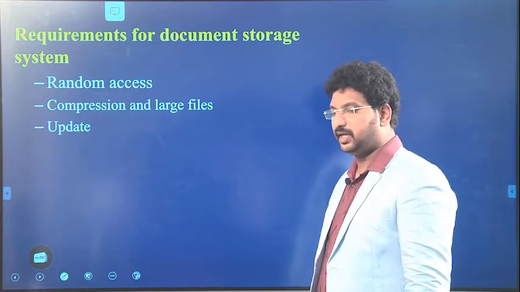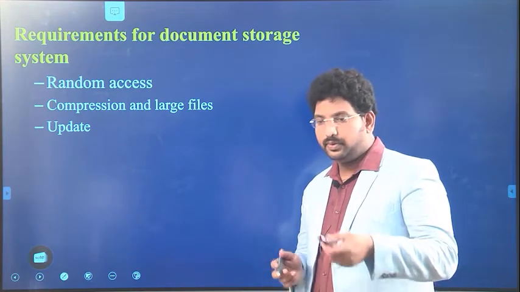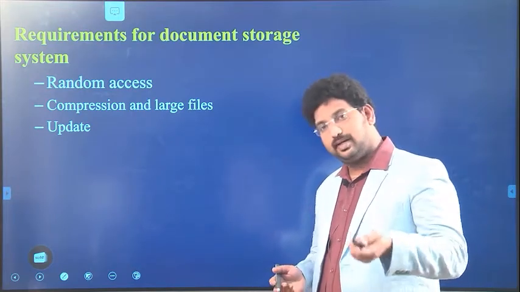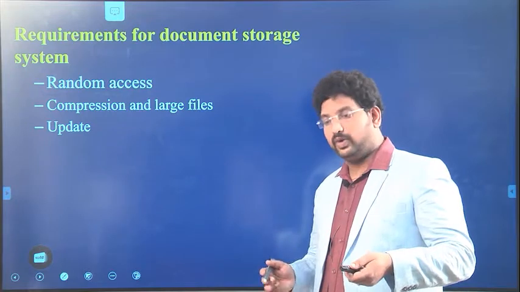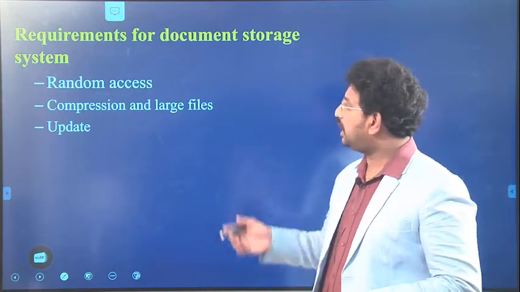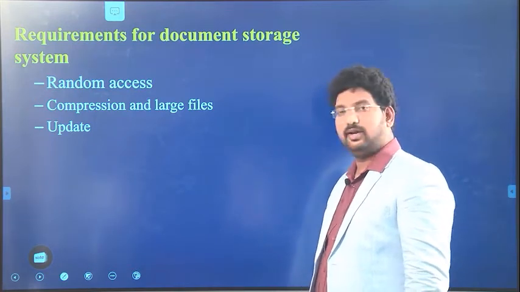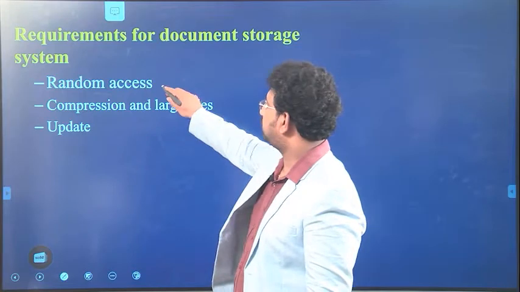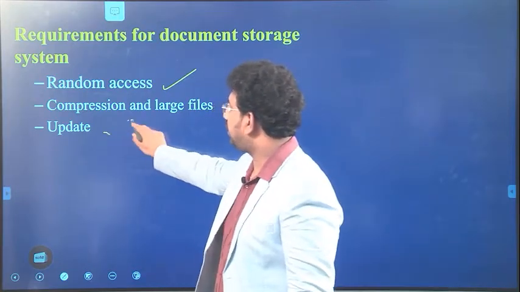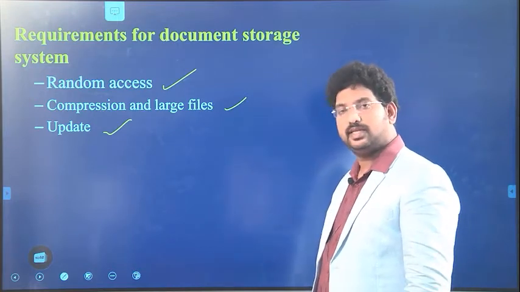Up to now we have seen whether there is any necessity of storing the documents as part of desktop search, what a snippet is, and how the snippet works. And as part of the requirements for the document storage system, the requirements are random access, compression and large files, and another one is update. So these are all the requirements for the document storage system.